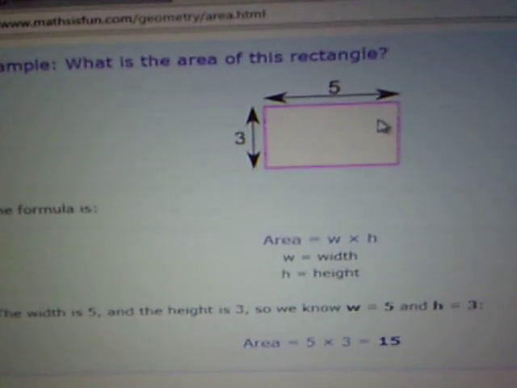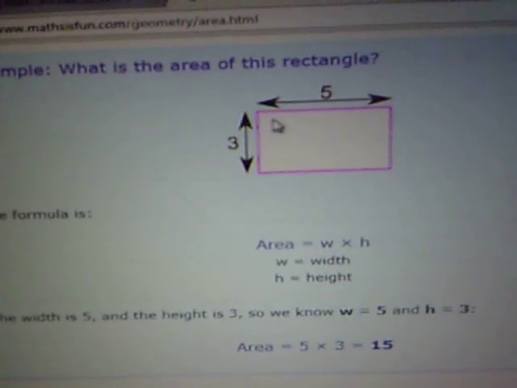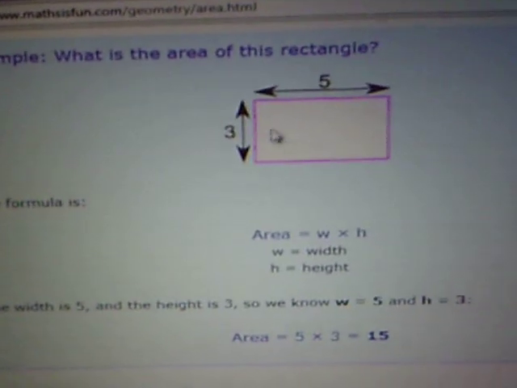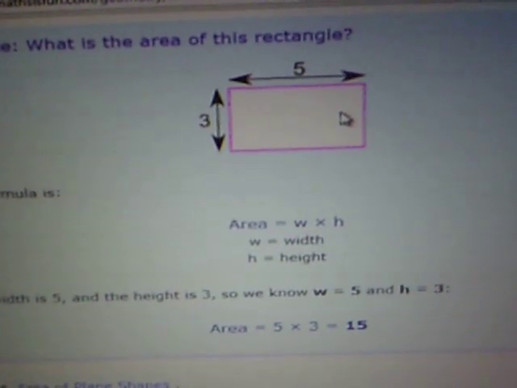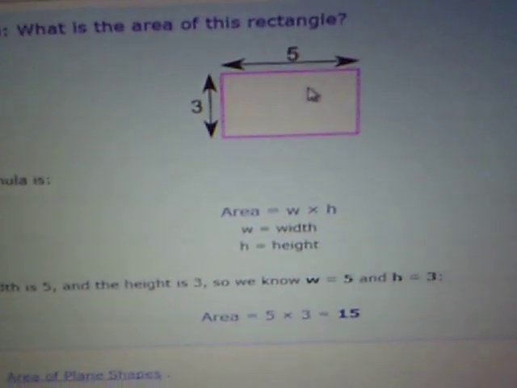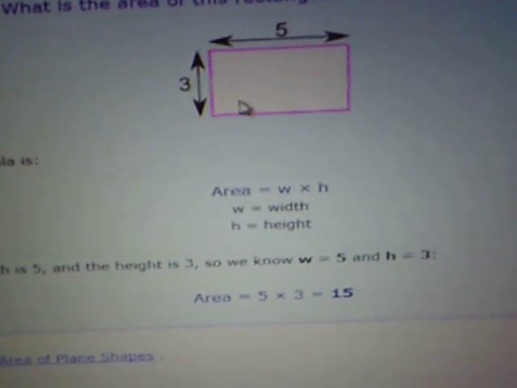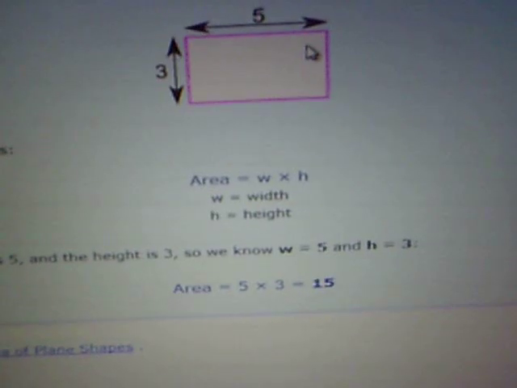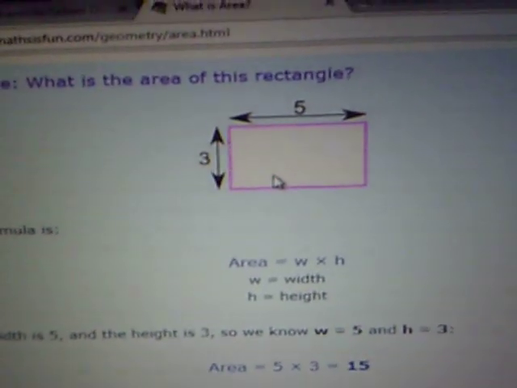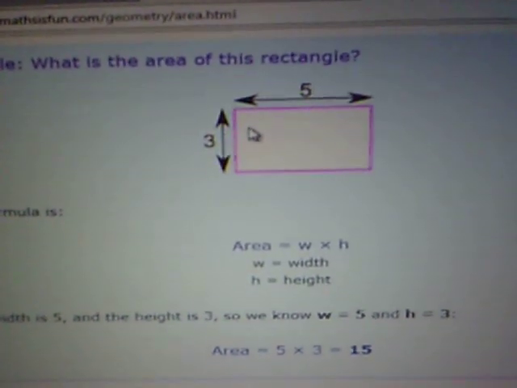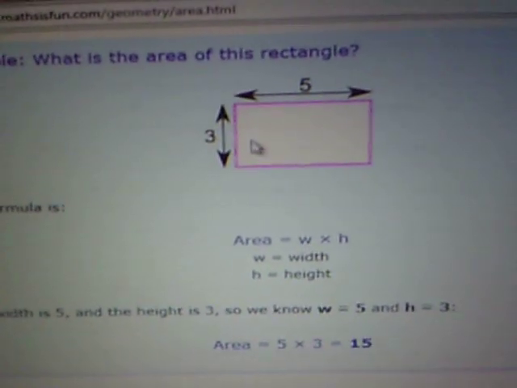For instance, if this were a floor, the area would represent how much carpet is needed to cover the floor. If this represented a sandbox, the area would represent how much sand is needed to fill the entire rectangle. So the area is the amount of space inside a shape.